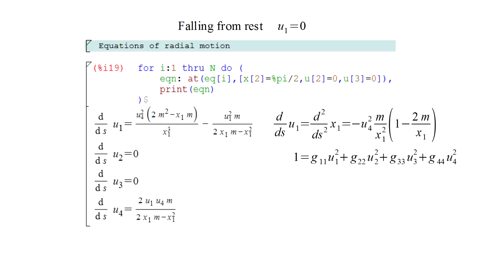Since the metric requires the following relation, and all the u's except u4 are 0, we can solve for u4 squared equals 1 over 1 minus 2m over x1. Substituting this into the equation above, we find that the radial acceleration is minus m over x1 squared.